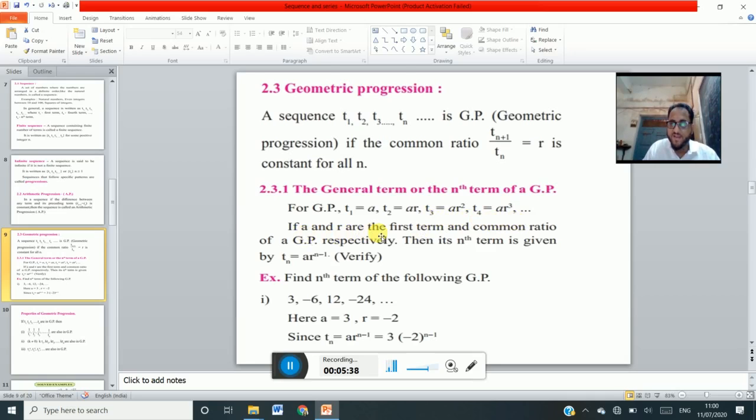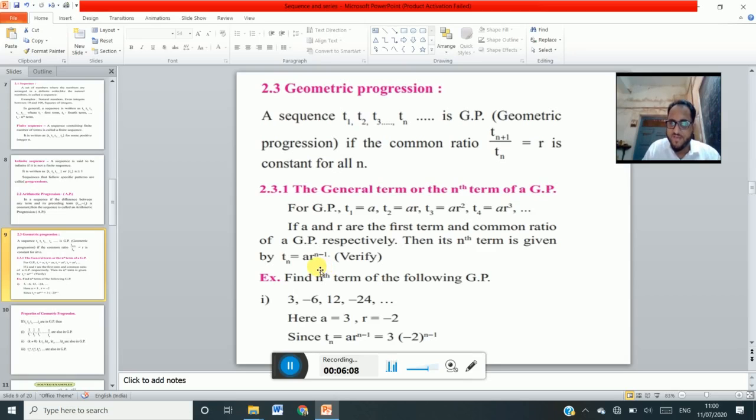If A and R are the first term and the common ratio of a GP respectively, then its nth term is given by this formula: Tn equals A into R to the power n minus 1. This is the general formula for the nth term of the GP, and it is an important one. By using this formula we can solve examples. Make it underline: Tn equals A into R to the power n minus 1.